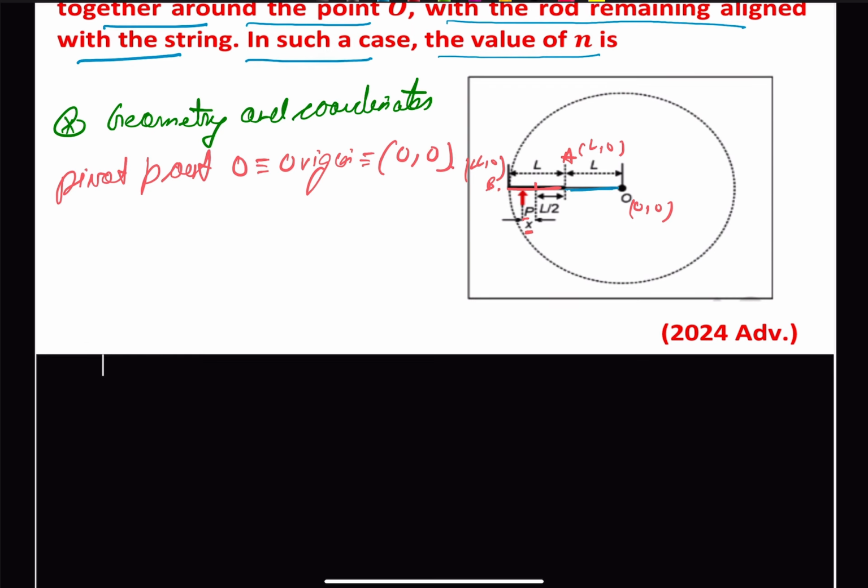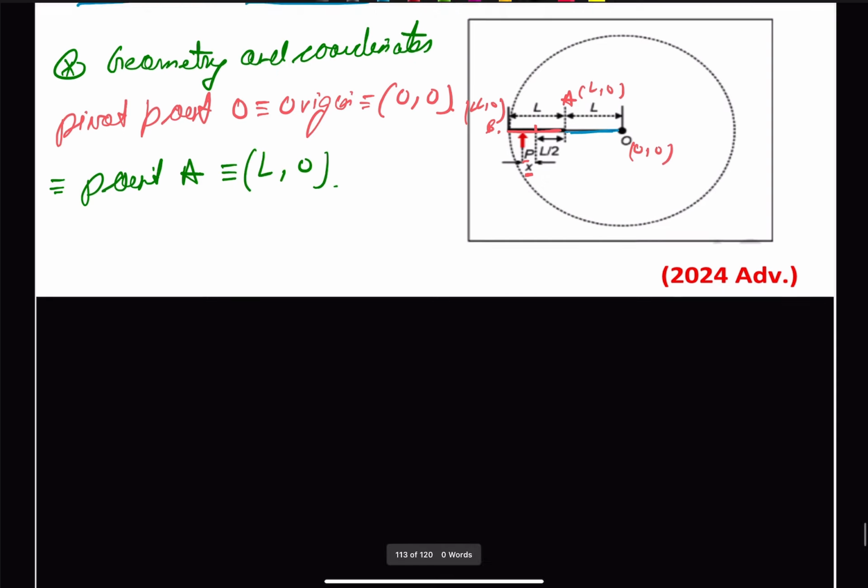Next is point A, which is L, 0, and then point B, which is 2L, 0.